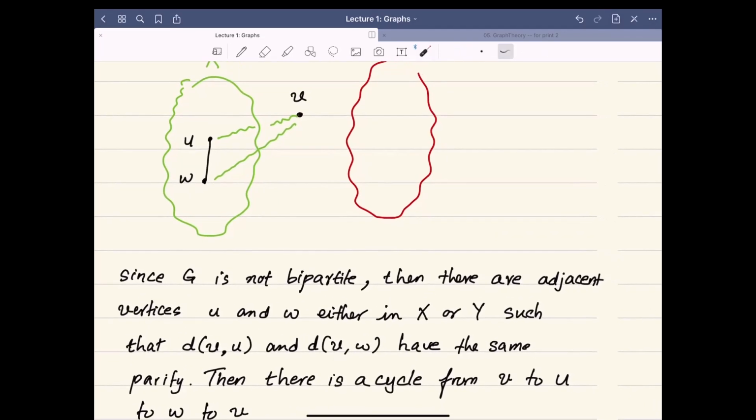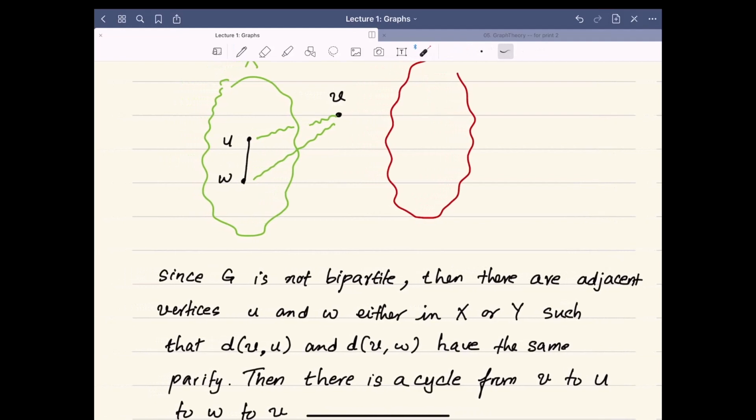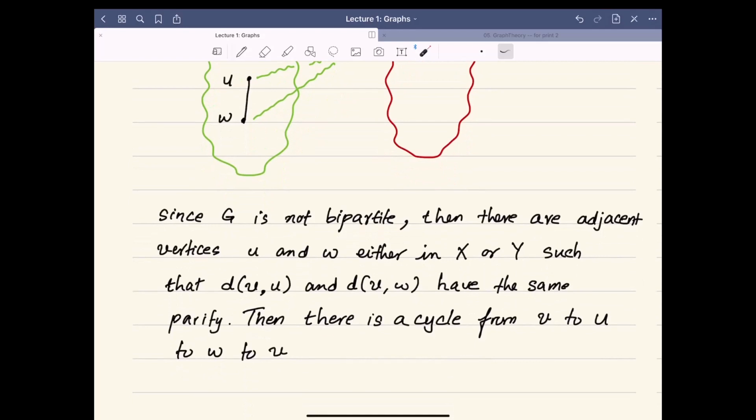Here we have a cycle. You are going from V to U, and from U to W, and from W you go back to V. So this is a cycle. So then there is a cycle from V to U to W to V back again.